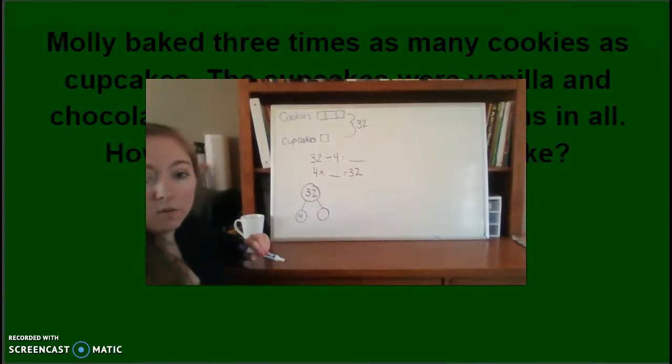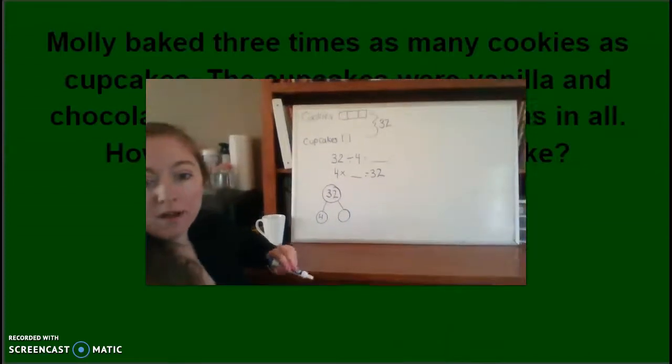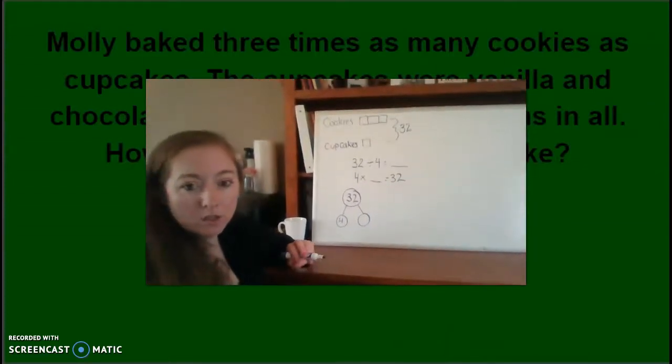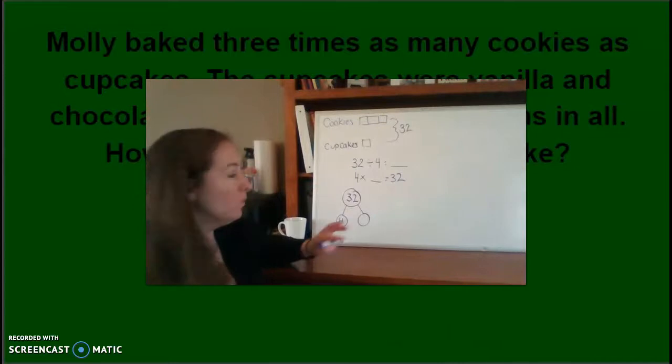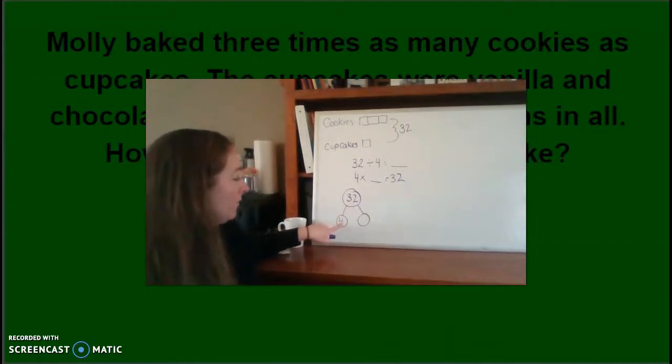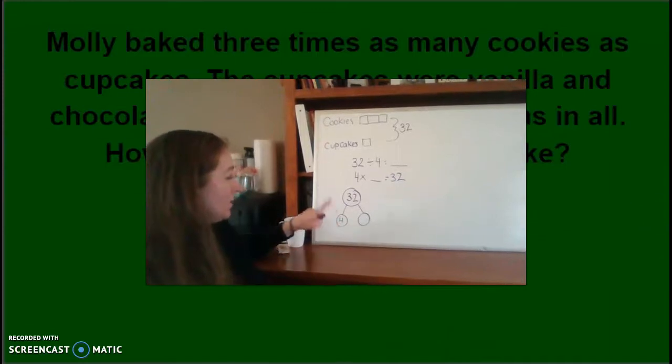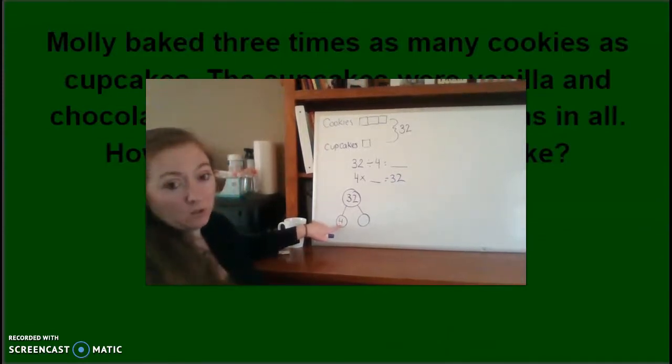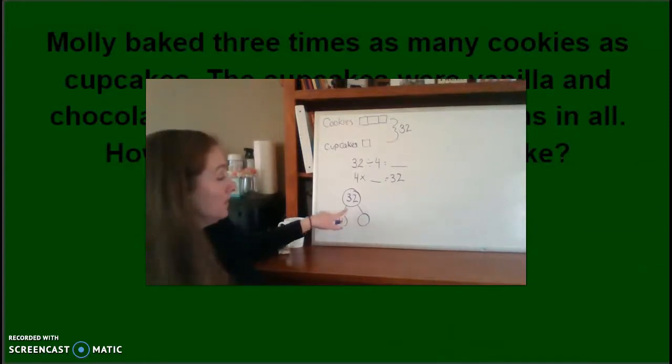Well, if we're not certain, we can always use our facts. What number gets us close to 32? If I do 4 times 10, that'll give me 40. That's a little bit too high. So let's take out a 4. 4 times 9 brings us to 36. That's still too high. Take out 4 more. 4 times 8 is 32. So the answer is 8.